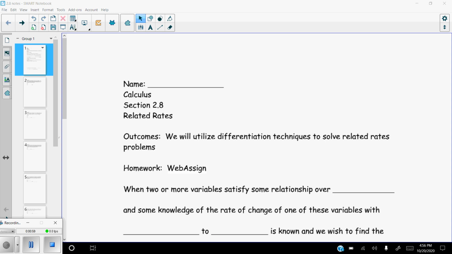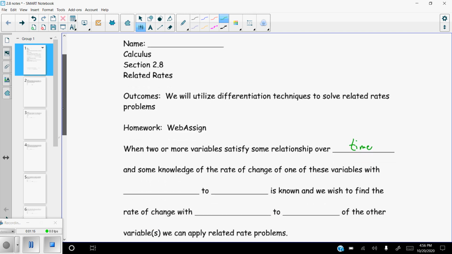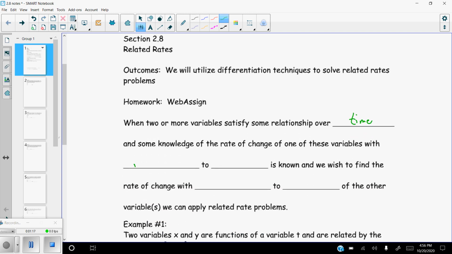Okay, so let's talk about the idea, first of all, of a related rate. When two or more variables satisfy some relationship over time, and the rate of change of one of the variables with respect to time is known, and we wish to find the rate of change with respect to time of the other variable, we can apply related rates.